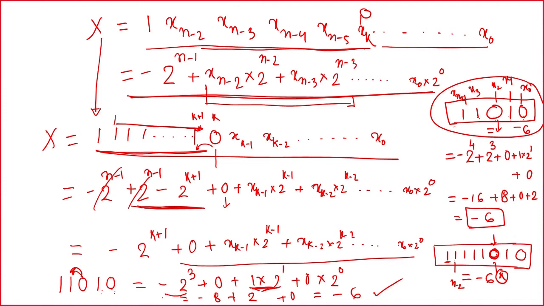So, let us take one last example here. Let us say we want to multiply m into 1 1 1 with positions 1 2 3 4 5, 1 2 3 4 5 0 1 0. This is nothing but the same thing, that is minus 6.